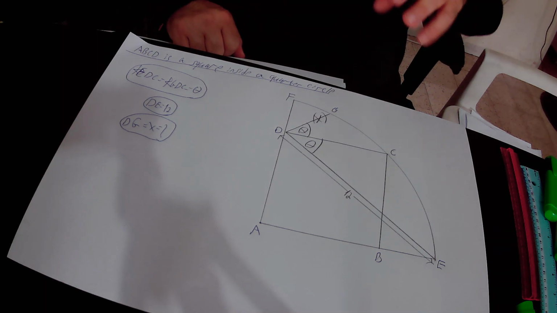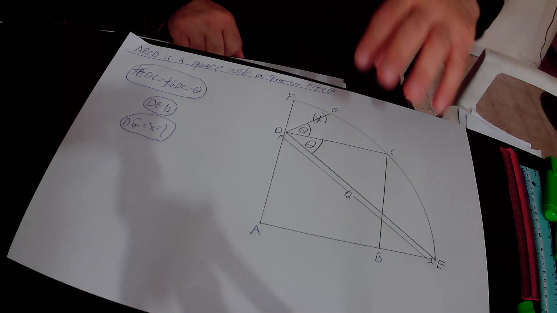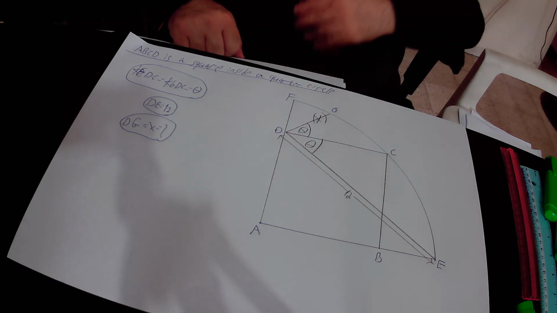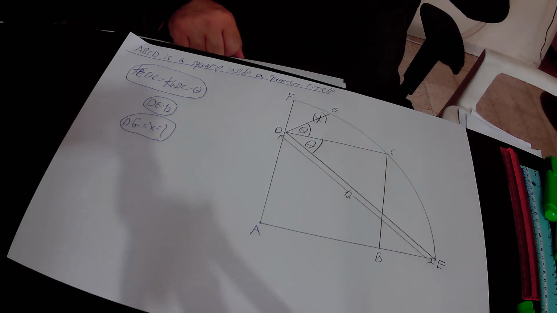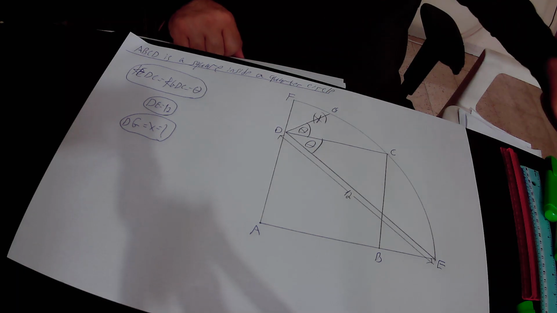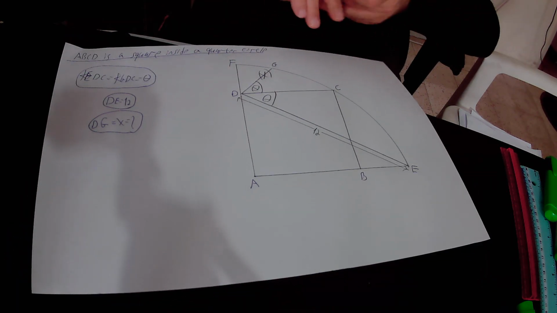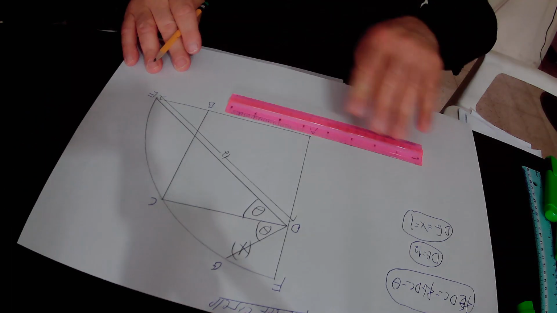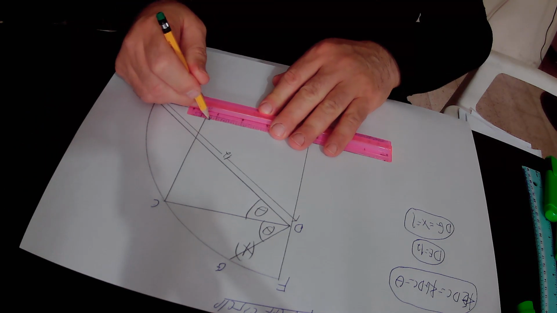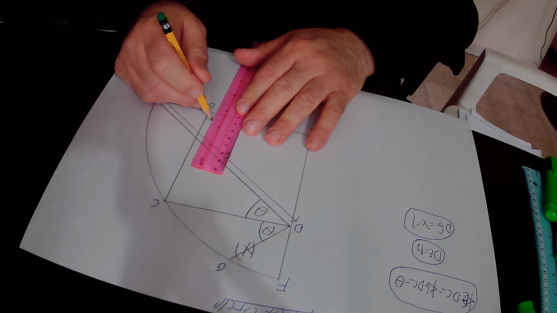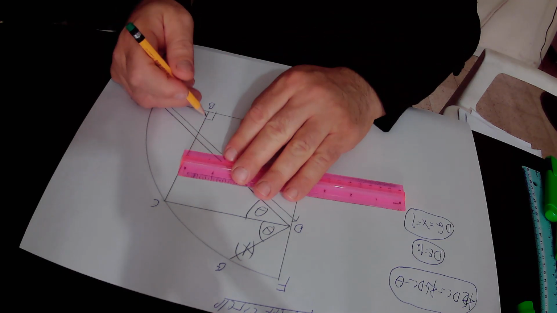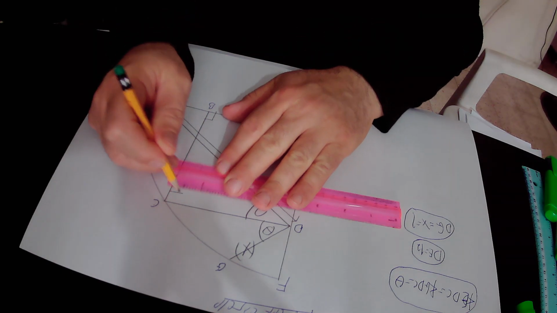So first of all, we know that ABCD is a square, therefore all the four angles inside square ABCD are right angles. So this angle equals 90 degrees in its size. This angle is also a right angle.